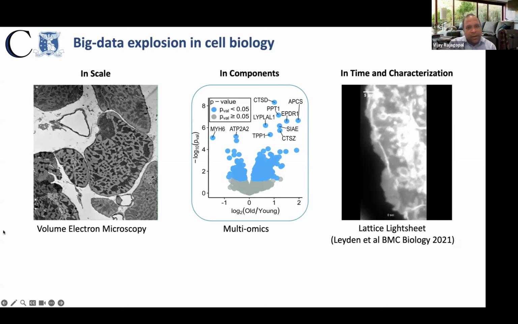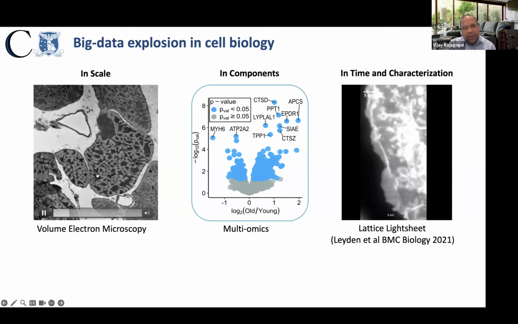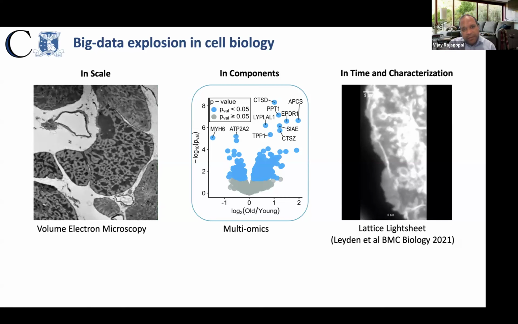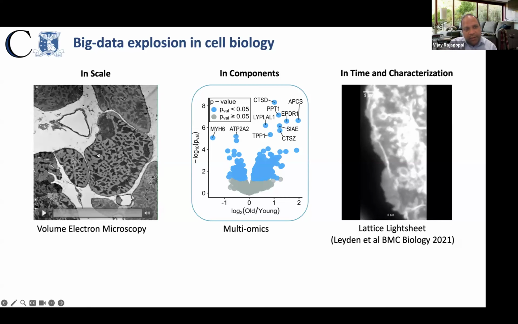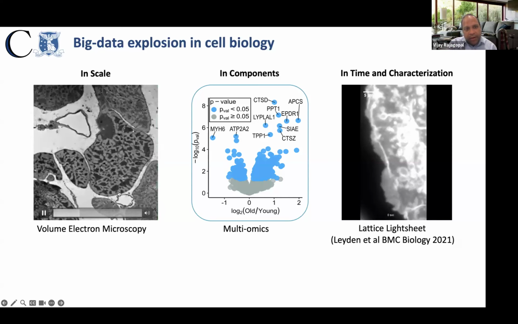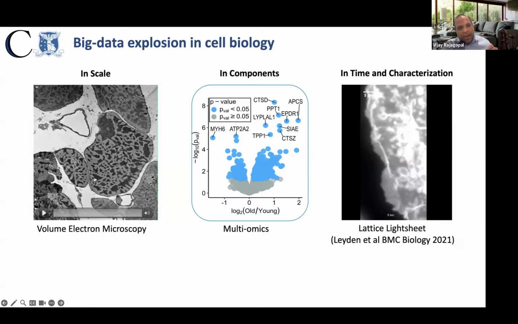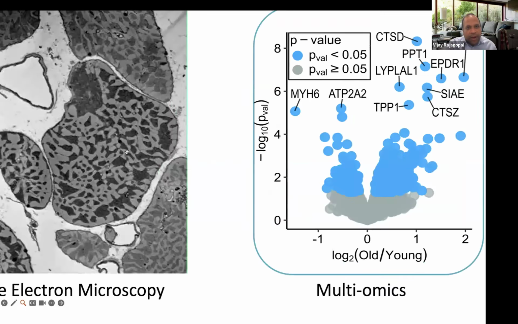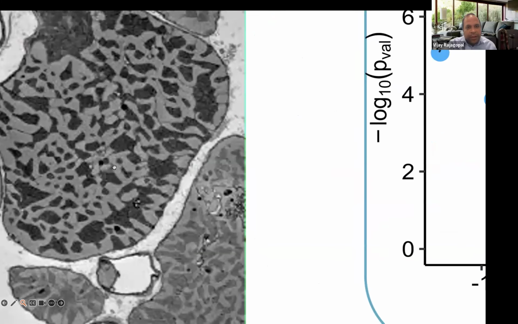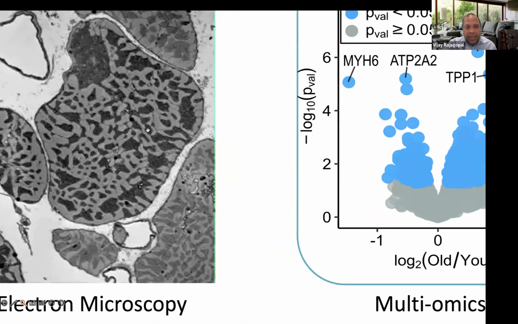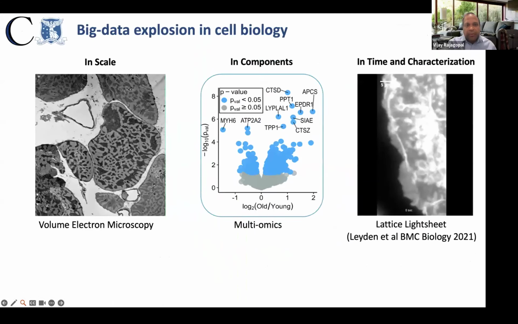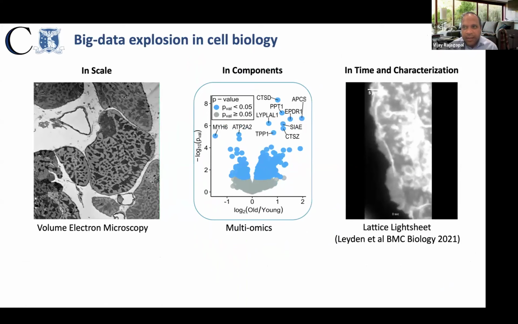On the left here is an electron microscope image stack of muscle cells, and each cell is one of these very curly shaped objects. But inside it, what you're seeing are mitochondria and myofibrils that make up the muscle cell. There's even more detail that I'm not able to present to you in this GIF image.